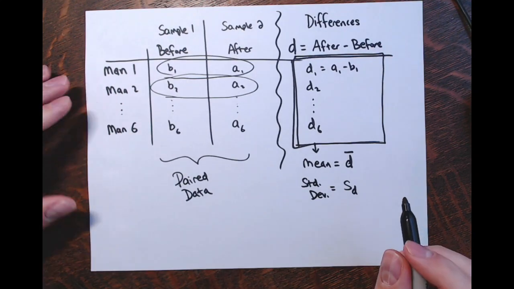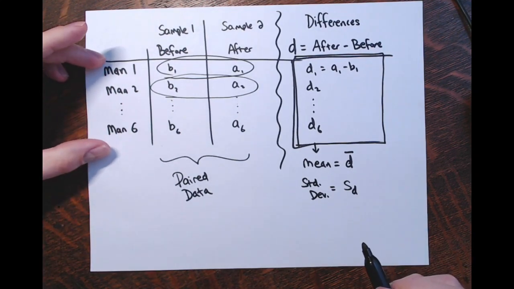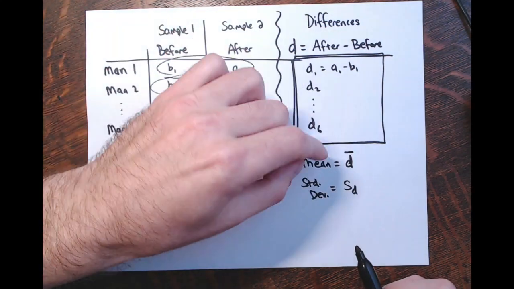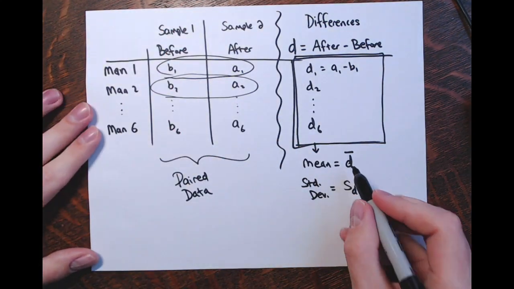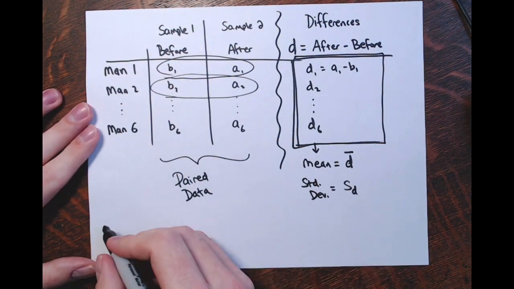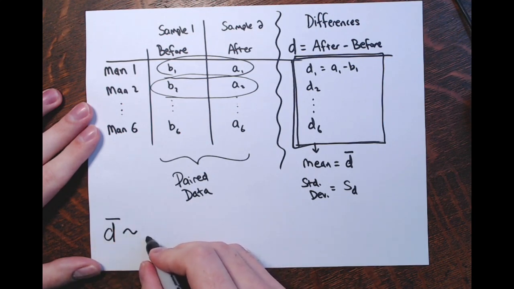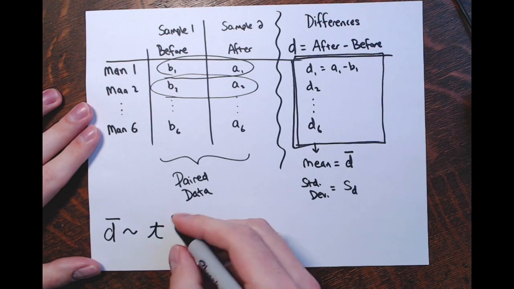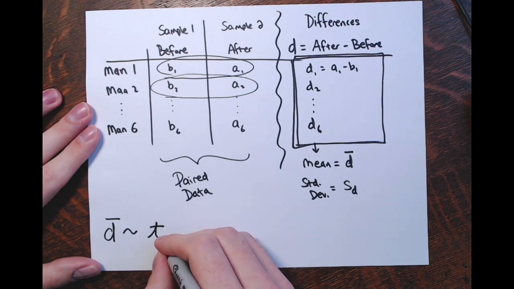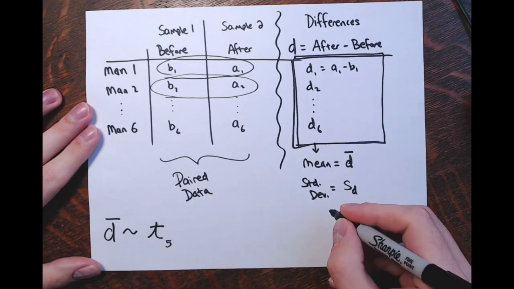But if this researcher were to do this for all possible groups of 6 men, and look at the D bar for all possible groups of 6 men, the distribution of the D bars would be a student's t-distribution with 5 degrees of freedom, because n equals 6 here.